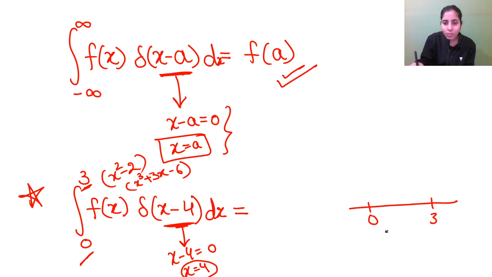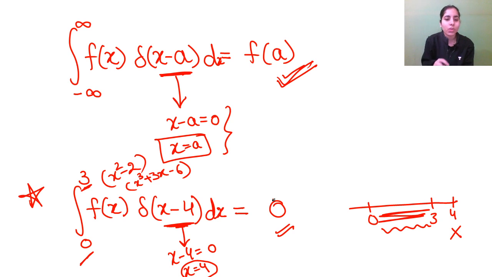Is 4 existing between these two points? No. 4 will be somewhere here, which is not within this region. That's why the answer will be 0. Then you will not apply this property; you can directly say it is equal to 0. That's how you consider it, and that's how it gives you the value.